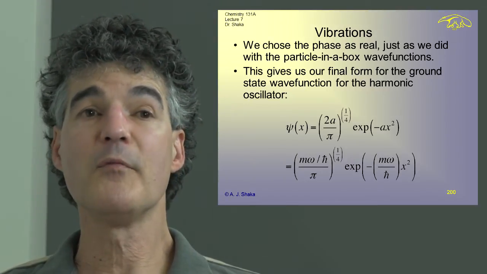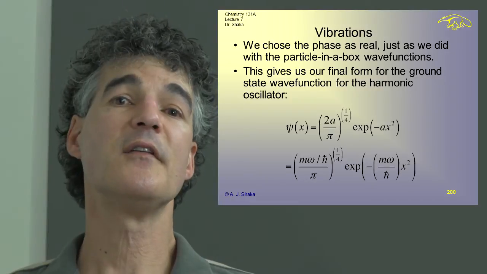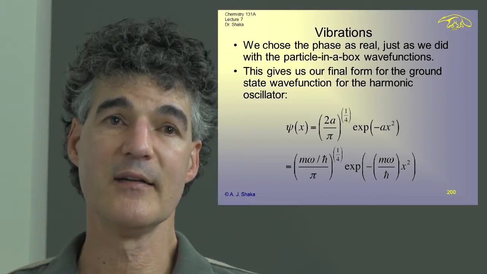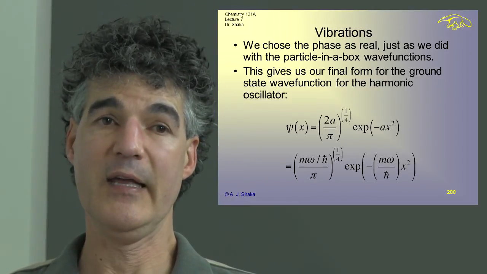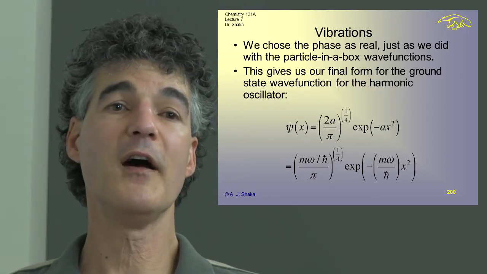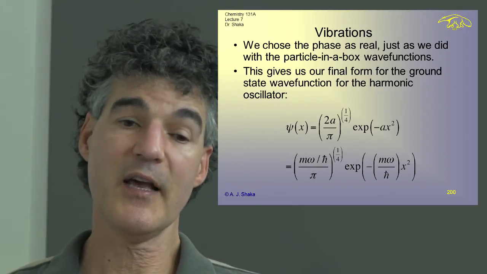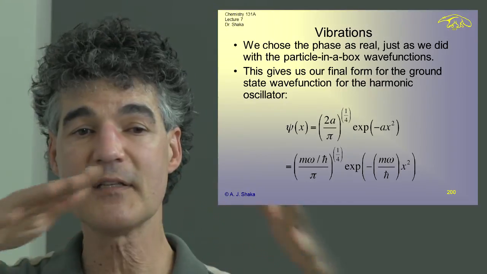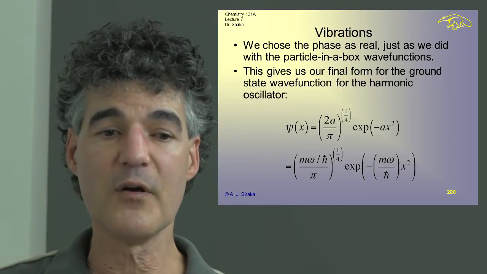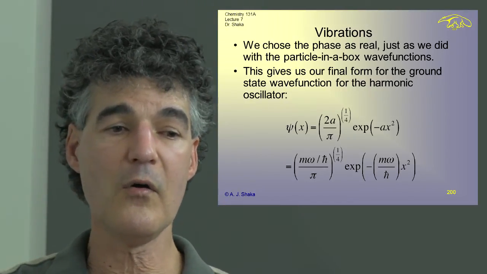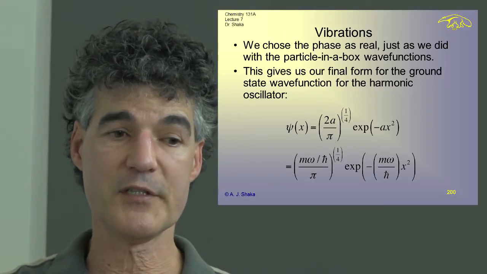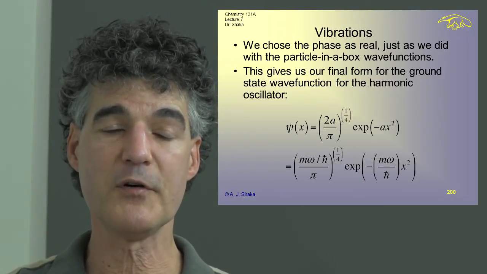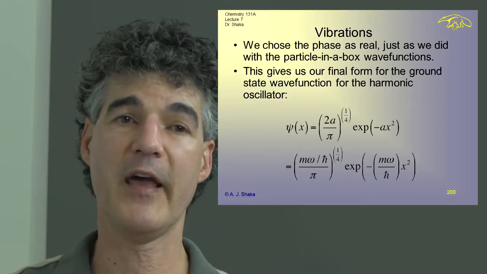Now, the problem with this approach of guessing is that whatever you don't guess doesn't turn up. And we guessed one thing and we found one thing, and it made sense. Why? Because it's a Gaussian, it's like a big turtle. It has no nodes. It has a low energy, which satisfies the uncertainty principle, but it doesn't have any more energy than that.